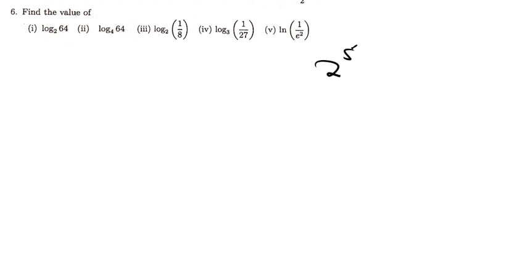So it's going to be log base 2 of 2 to the power 6. The property of log allows you to shift the power to be in front, so it's 6 log base 2 of 2. Log base 2 of 2 is 1, so the answer is 6.